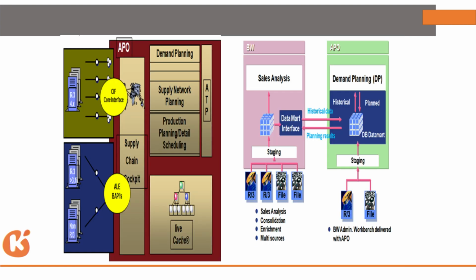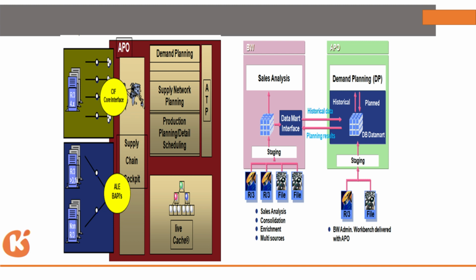And coming to the integration, APO has an inbuilt BW server, and even if we have an external BW server, we can get data from the BW to APO. This is the way the demand is going to get, as I told, to generate a statistical forecast.